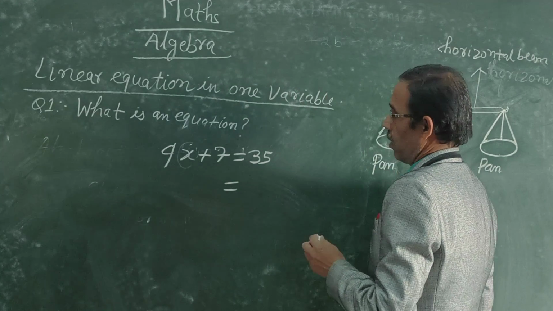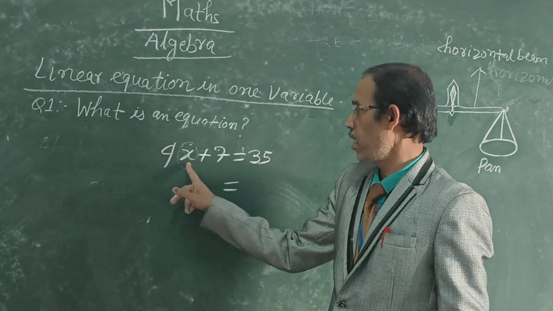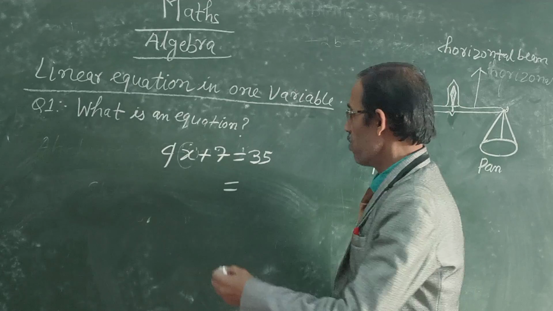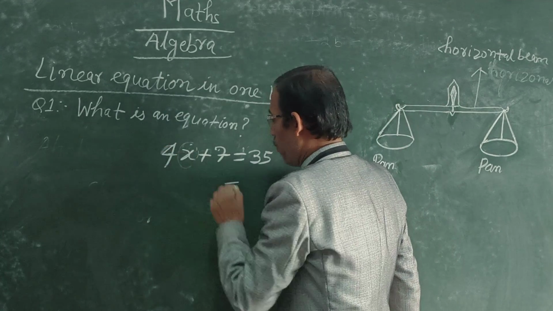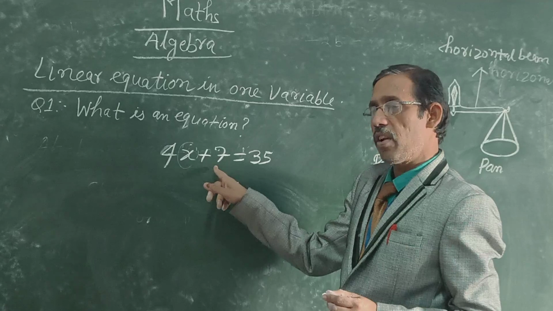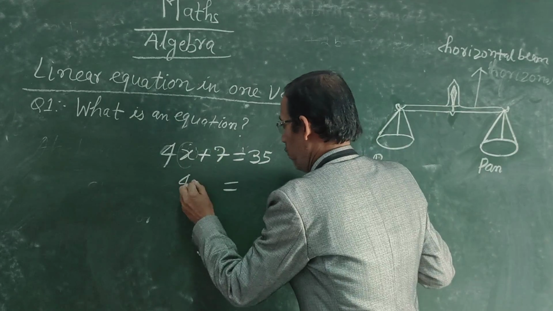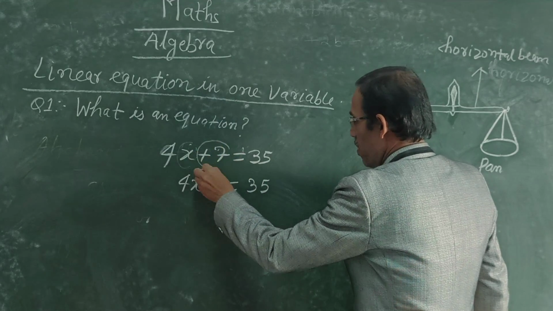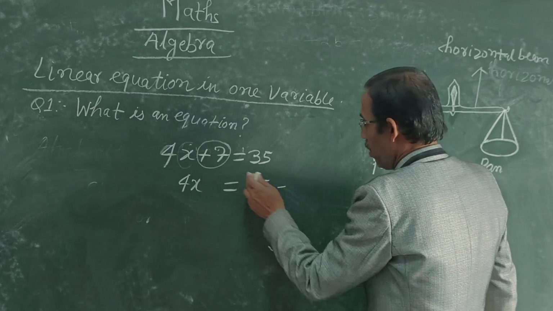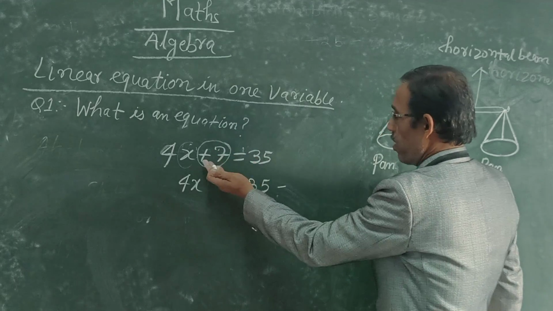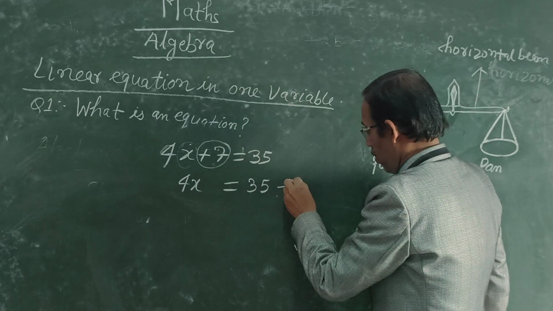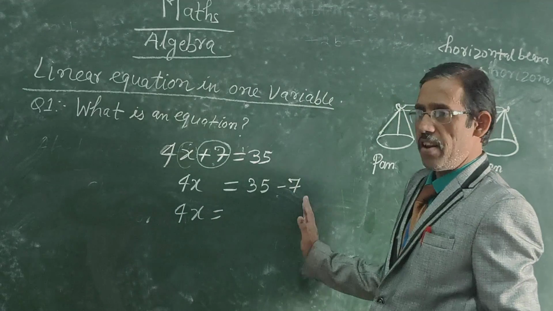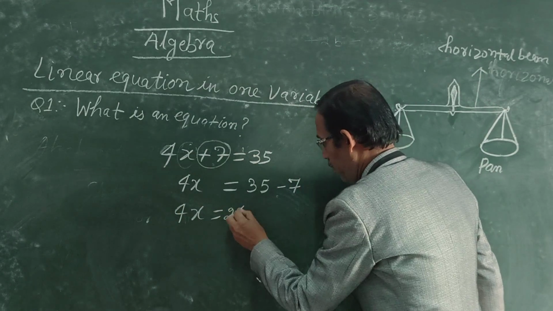Here we see that on the left side 4x plus 7 is given, and on the right side 35 is given. 7 is a constant. First of all, we need to shift this constant term from the left side to the right side. Then the sign of this constant term will be changed, means plus 7 on shifting from the left side to the right side becomes minus 7. 4x is as it is. On subtracting 7 from 35, we get 28.